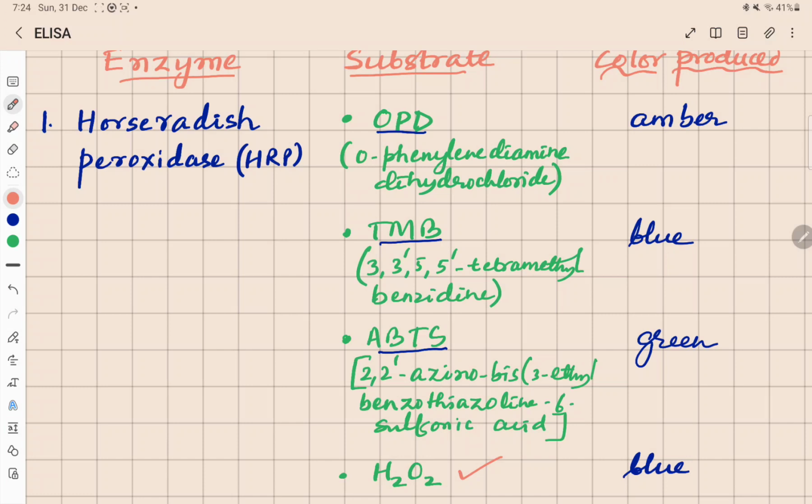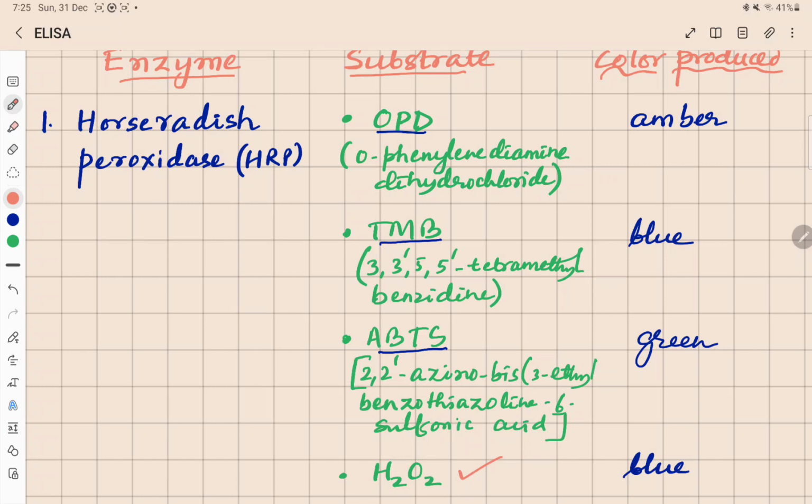We can also use TMB, 3,3',5,5'-tetramethyl benzidine, where the product is blue. We can also use ABTS, 2,2'-azino-bis 3-ethylbenzothiazoline-6-sulfonic acid, where the product is green.